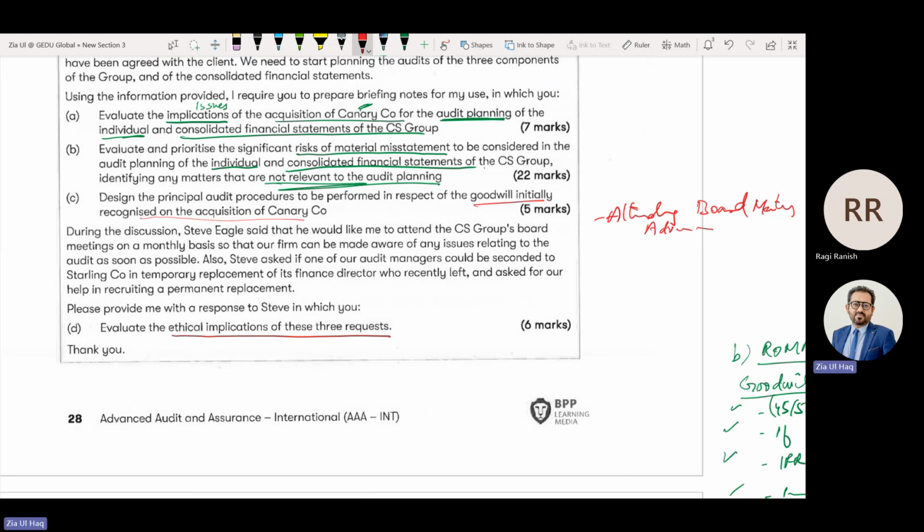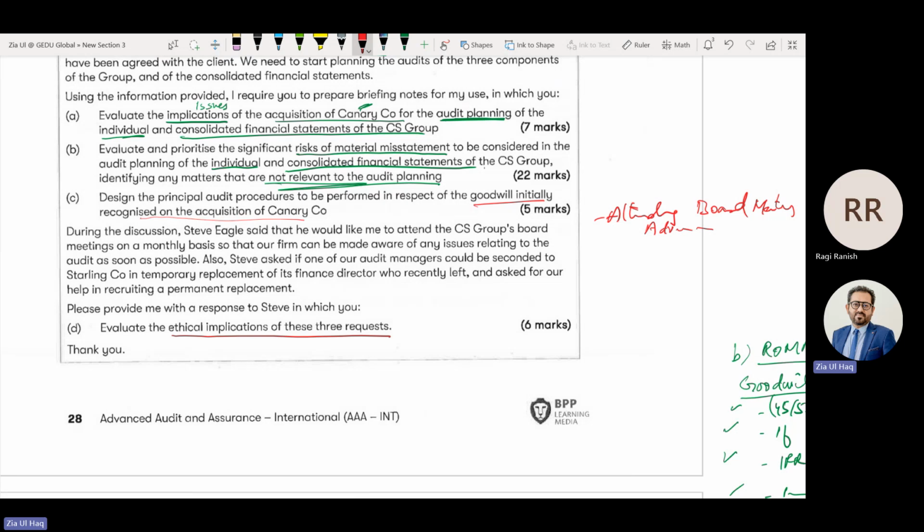What should be the guideline? Attending client board meeting is not prohibited. Auditor can attend for obtaining information about their business, their policies, their decisions, but should not be involved in final decision making, because decision making is a company managerial level function. So we can attend, but we should not be involved in decision making.